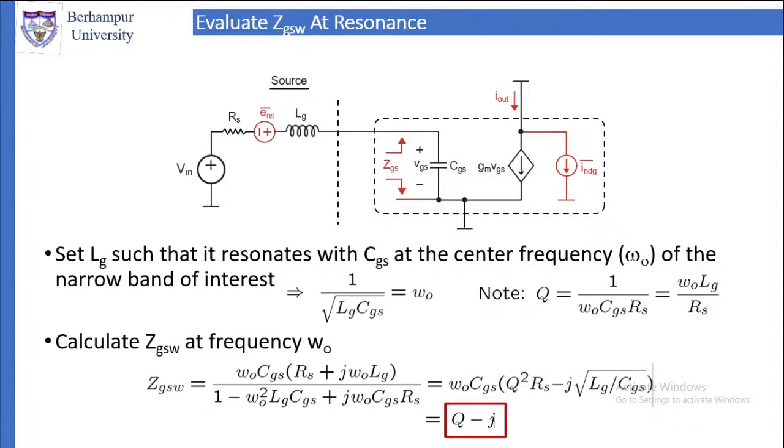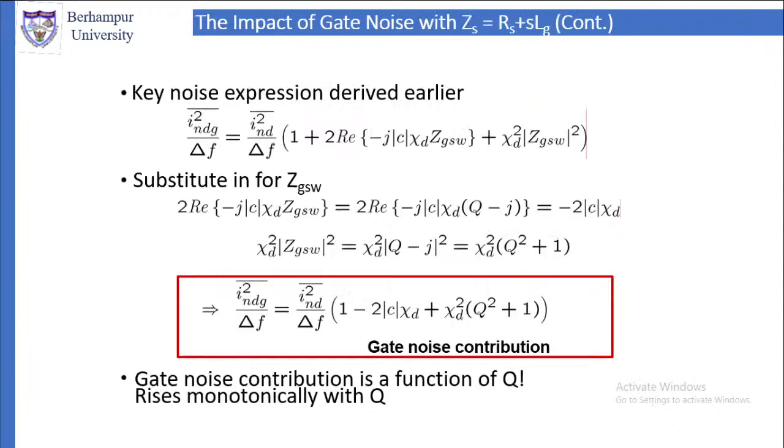Now root of LG by CGS times CGS is equal to root of LG times CGS. Root of LG times CGS is 1 by omega 0. So omega 0 times 1 by omega 0 is 1. So the second term will be minus J. So ZGSW is equal to Q minus J.